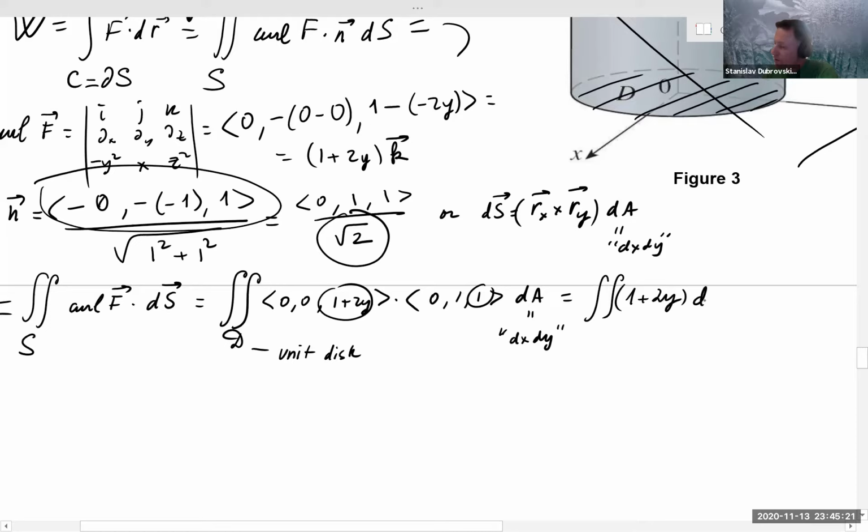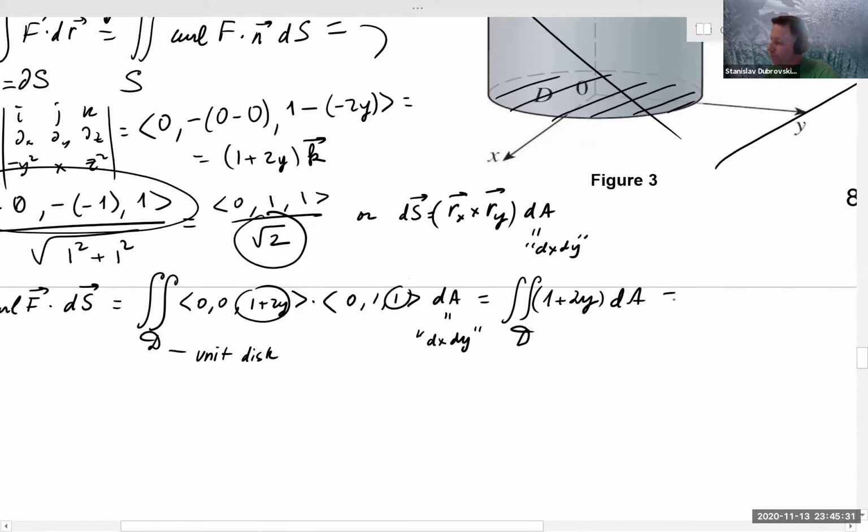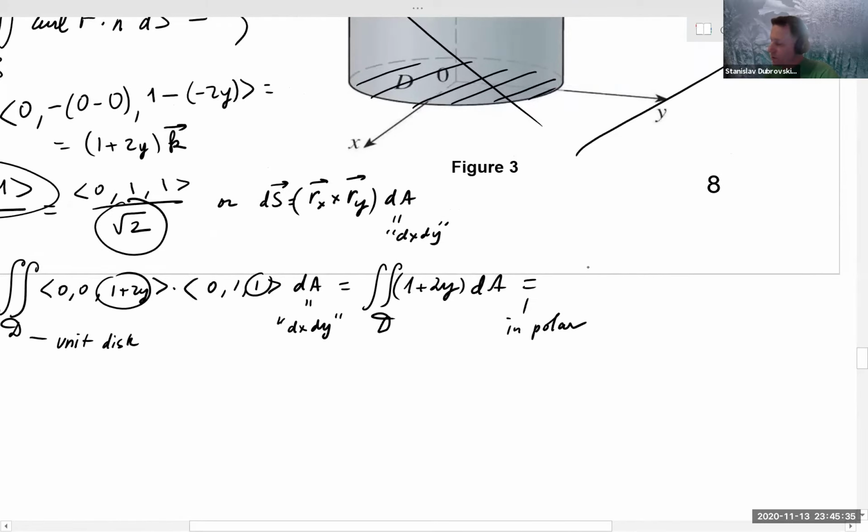And over the unit disk, it's advantageous to take it in polar coordinates. In other words, in polar, we'll be integrating with y written as r sine theta, and instead of dA we have r dr d theta, r measuring from 0 until 1 for the unit disk, and theta from 0 until 2 pi.